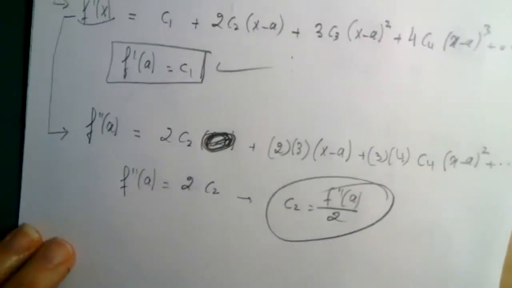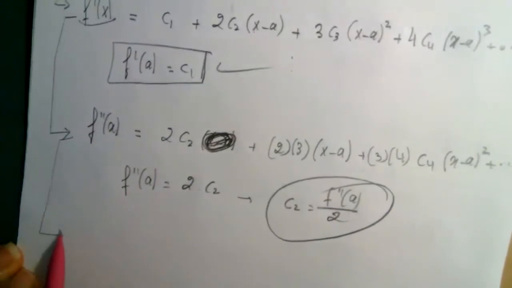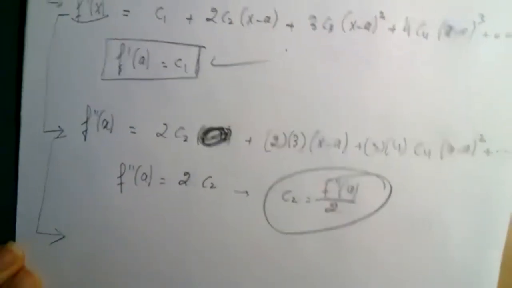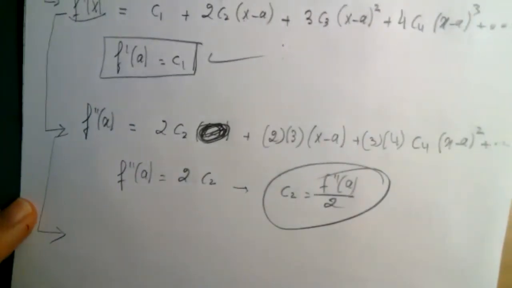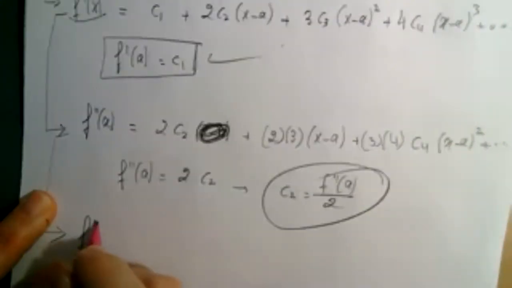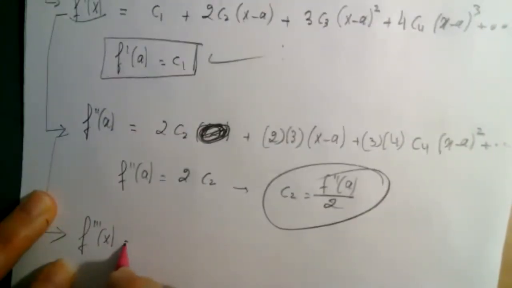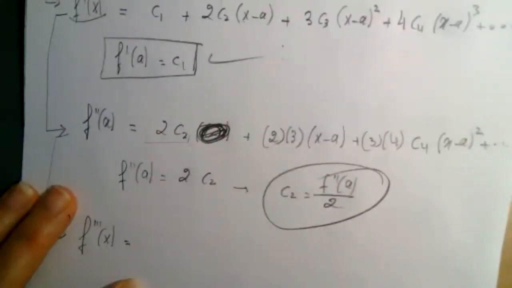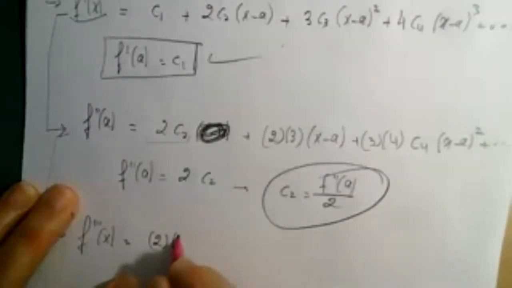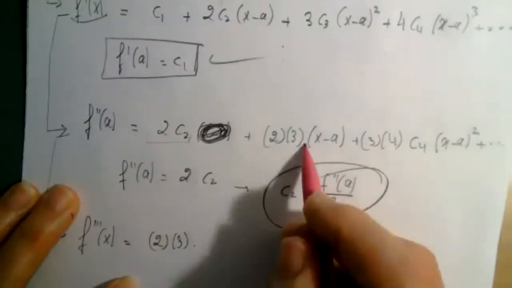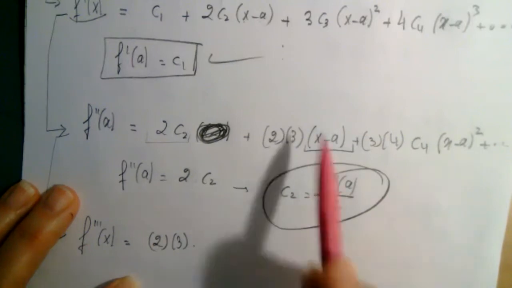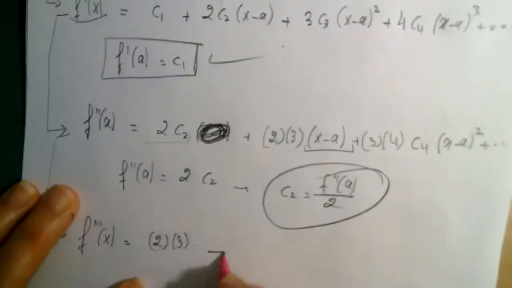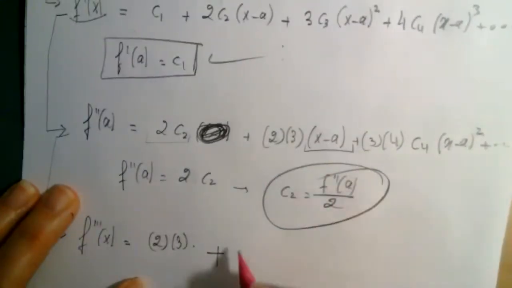And now I guess the picture is clear. I'm going to differentiate again, and that's really where those coefficients are coming from. So the third derivative, and I promise you I'll stop after that, is equal to the derivative of 2C2, that's a constant. Here I'm going to get 2 times 3. The derivative of x minus a is 1. Plus, what's the derivative here?